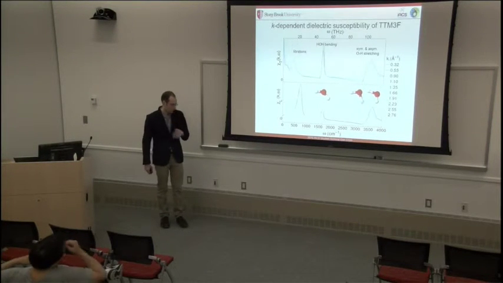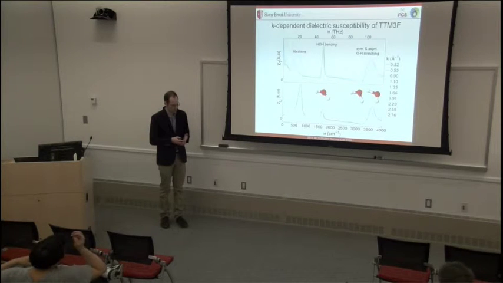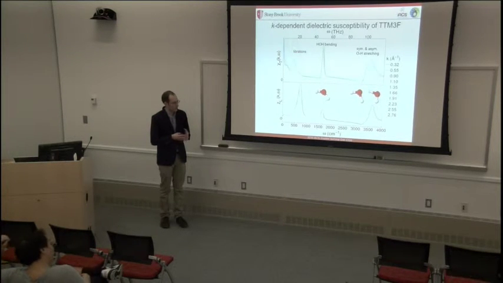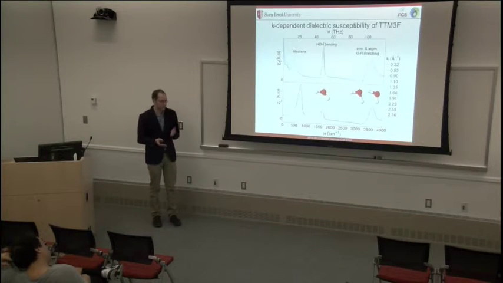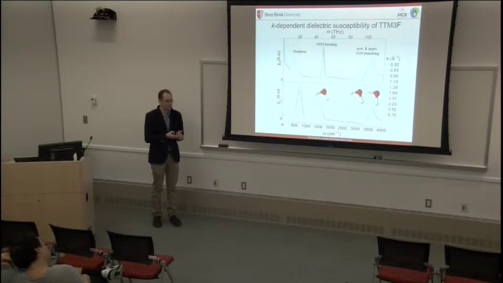Well, experimentally, it's actually not possible to make these kinds of plots, because K and omega are not independent, right?